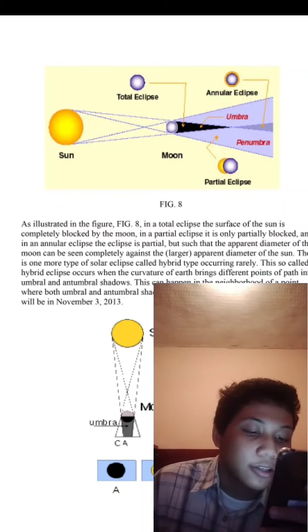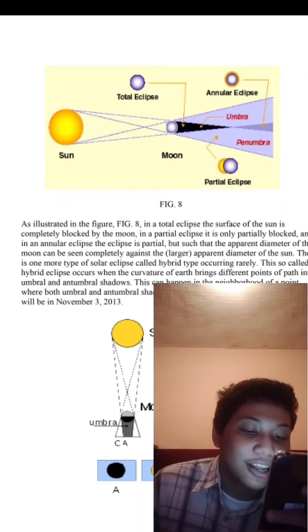There are three main types of solar eclipse as observed from any particular point on the earth. 1. A total solar eclipse occurs when the umbra of the moon's shadow touches a region on the surface of the earth. 2.